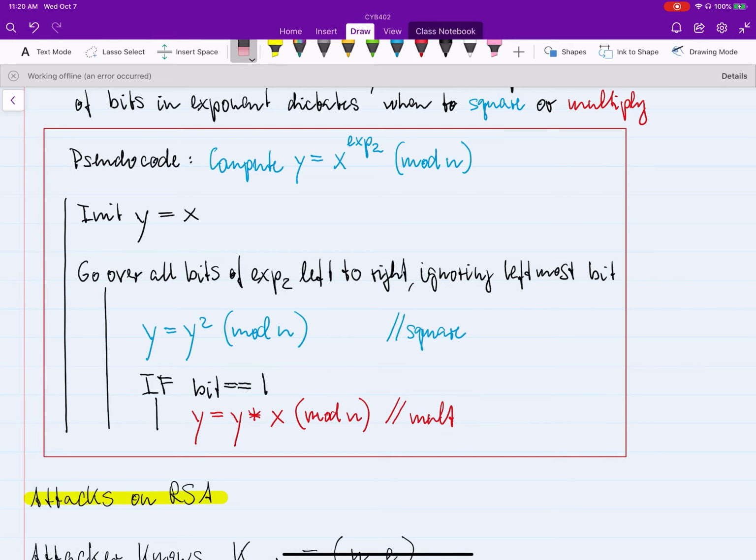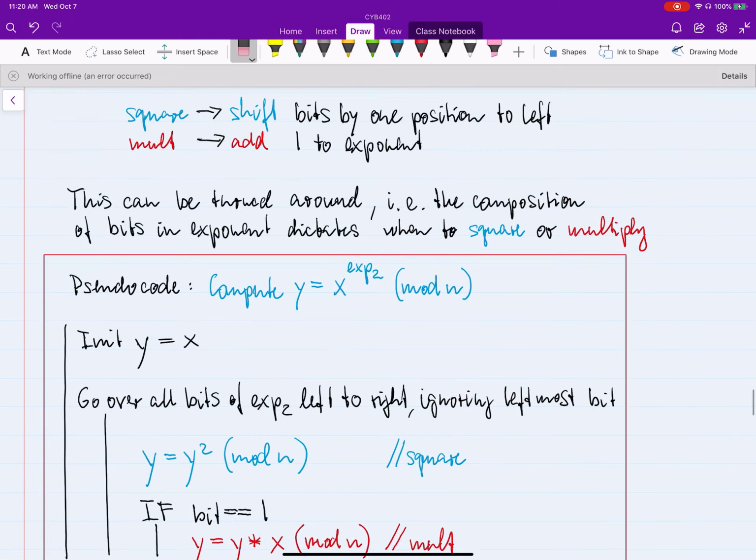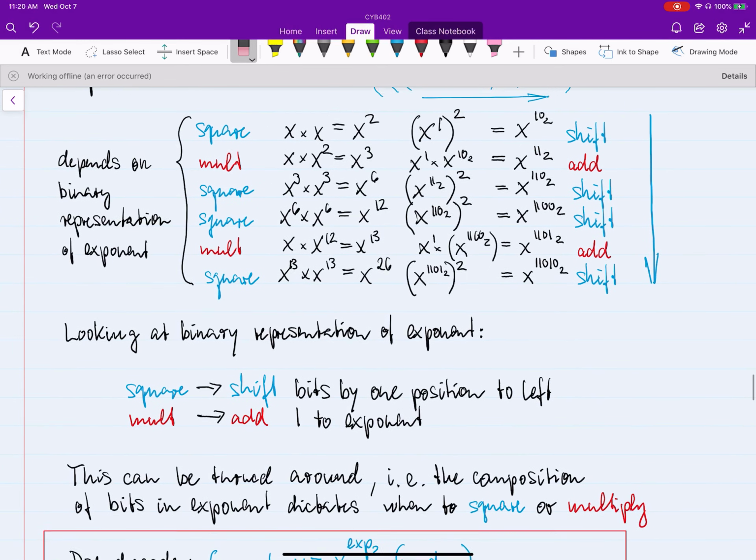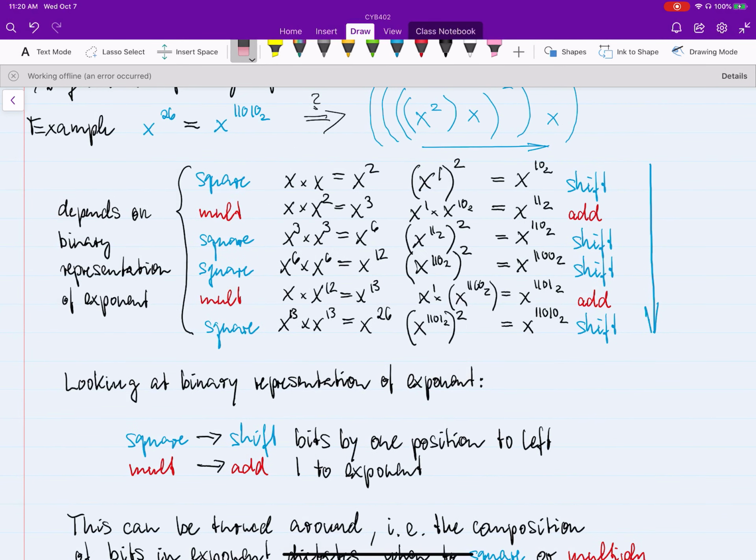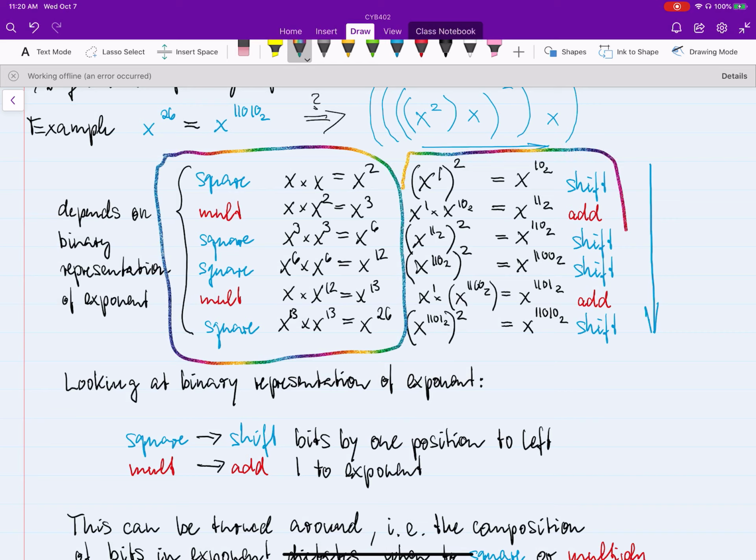So sorry about the lengthy presentation of the fast exponentiation, but I hope it pays off and you understand how this works. So the basic idea was that on the computational side, whatever we need to do is squaring and multiplying, and that has an effect on the exponent side.